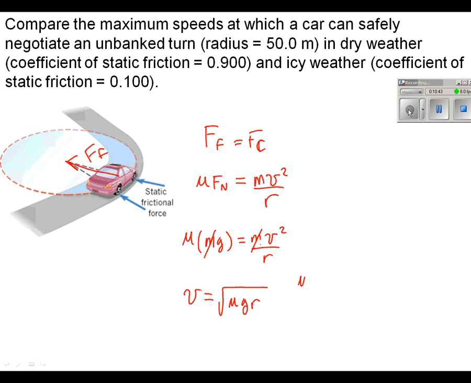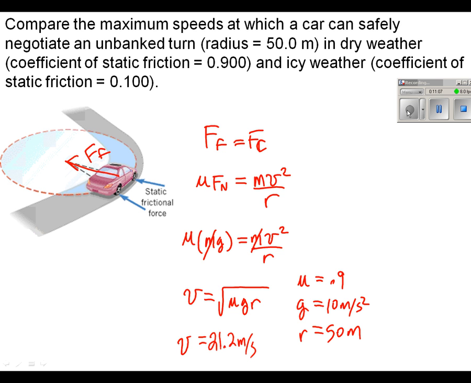The first example, mu ends up equaling 0.9. g equals 10. And r will always equal 50. So in our first example, our velocity ends up equaling 21.2 meters per second.